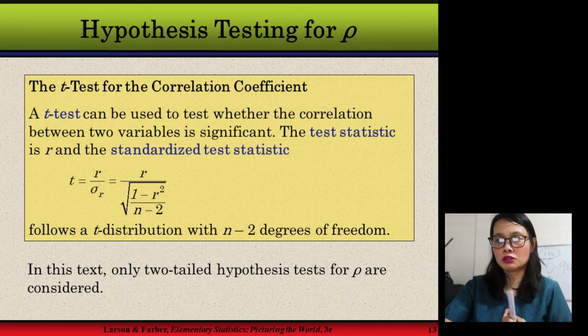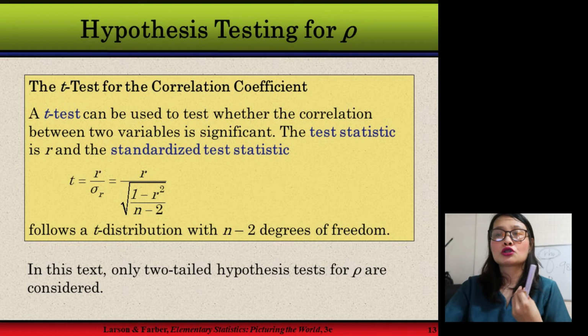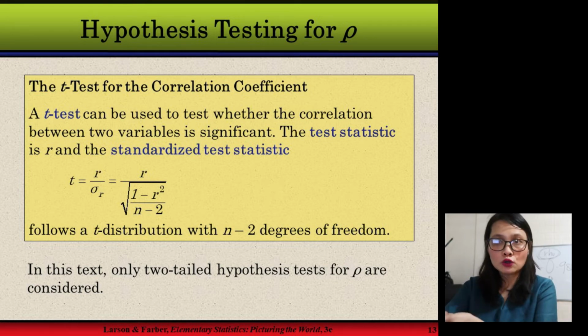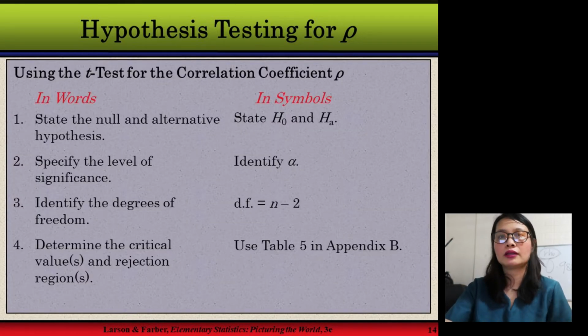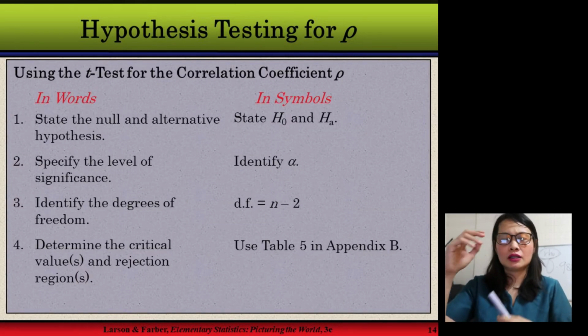In this text, only two tailed hypothesis tests for the population correlation are considered. So using the t-test for the correlation coefficient, denoted by the symbol rho, this is how we test the hypothesis.